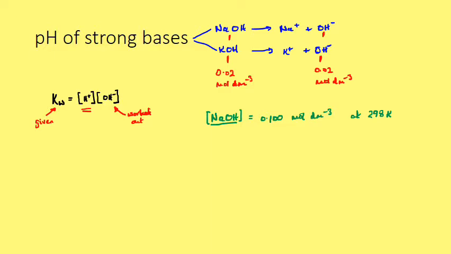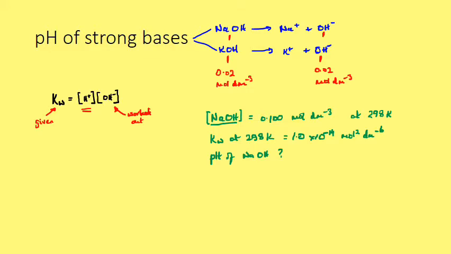Then the value of Kw, the ionic product of water at 298 Kelvin, we're reminded is 1.0 times 10 to the minus 14, and the units for that would be mol squared dm to the minus 6. What we're required to do is work out the pH of the sodium hydroxide.